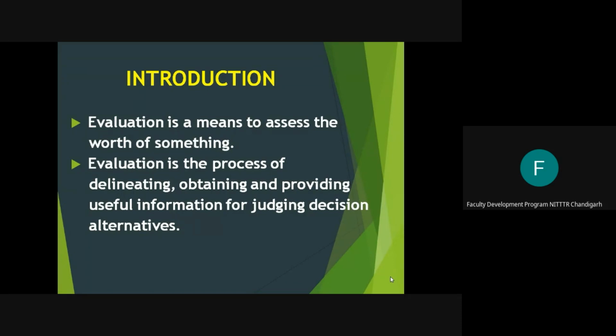So I may get some additional information which may not be useful to me. So I delineate. Delineate means I only demark. I only collect that information which is useful to me. So delineating the information, obtaining the information, providing the information, and to evaluate for judging the decision alternative.